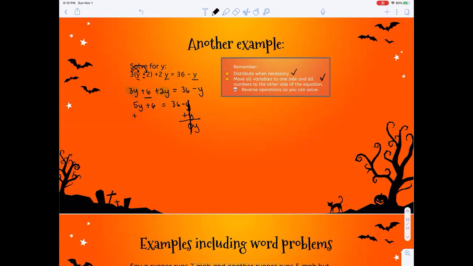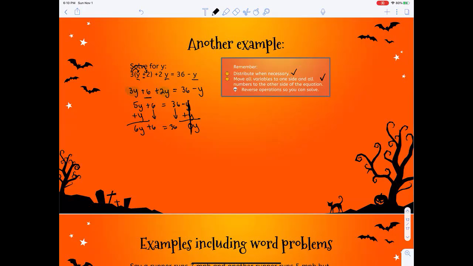But I have to do that on this side too, plus y. That's going to be 6y. I bring down what I have, which are these two, so plus 6 equals 36. Again, I'm left with 6y plus 6 equals 36.